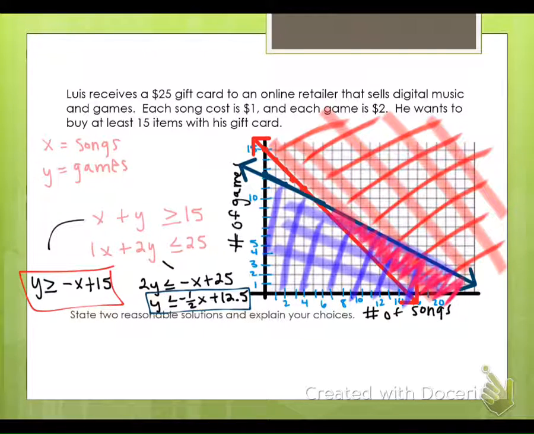So 14, 2 is a solution. Sorry again that I'm going so fast. So he can buy 14 songs and 2 games is the solution.